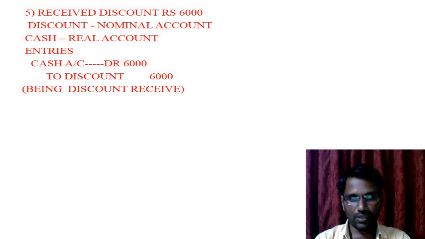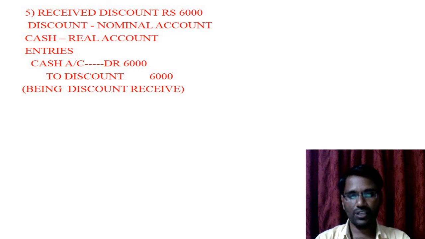If you receive cash, that means cash comes in, therefore we treat debit to the cash account, and you treat credit to the discount account because discount is your income, and income means it is a nominal account, saying debit expenses or losses, credit gains and income.